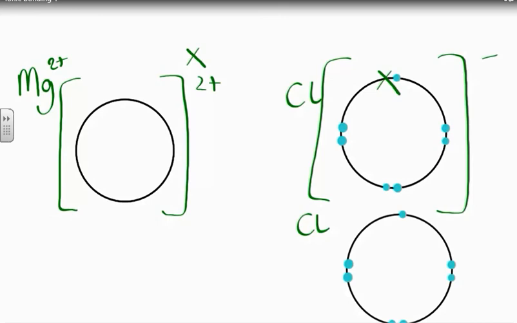So we get another chlorine atom involved. So magnesium's lost those 2 electrons. One has gone to one chlorine atom and created a chloride ion. Then the other electron can go to another chlorine atom and again form another negative ion.